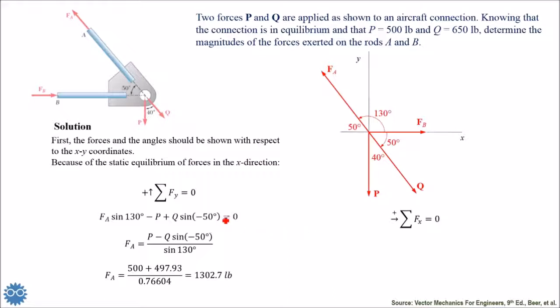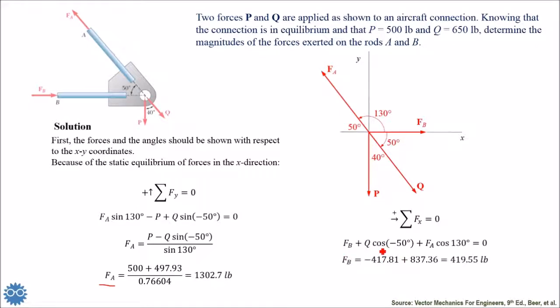So I preferred to start with the equilibrium in the y direction, because I know FB is totally horizontal, so it will not have a y component. Thus, the only unknown in this case was FA, so we determined it directly, and then we can now use FA in finding the value of FB.